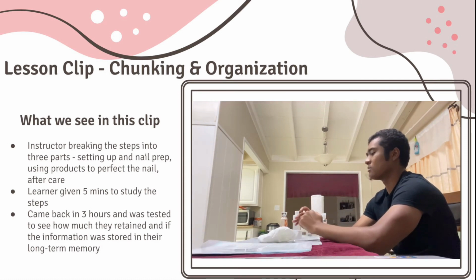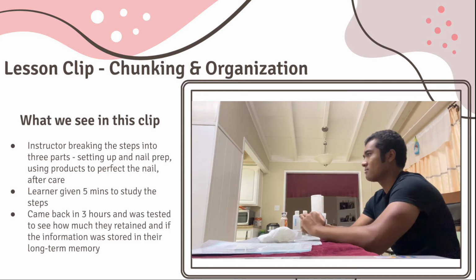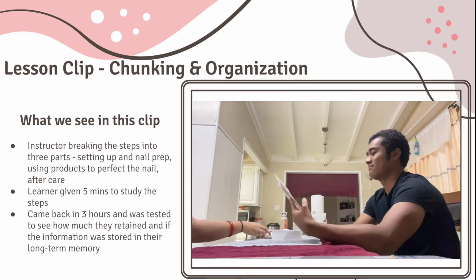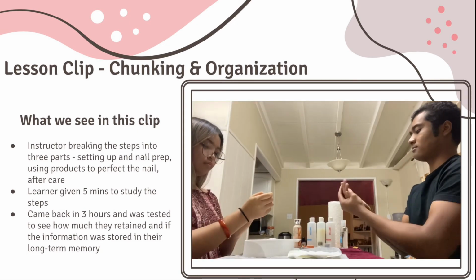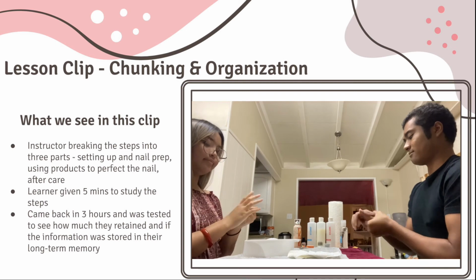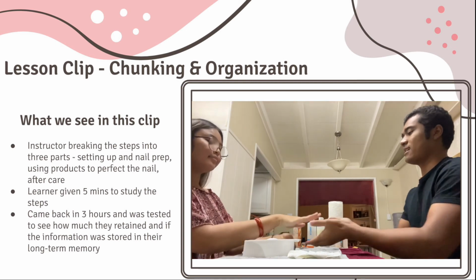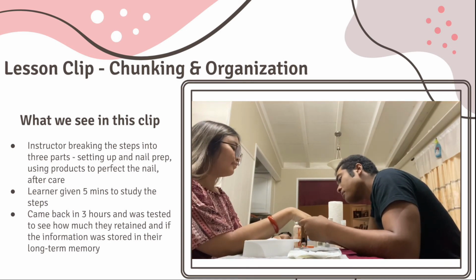Later, she gives the learner the paper to look through the lesson and organize his thoughts before he gets tested 3 hours later. Now after 3 hours, we come back and we test how good his memory is.